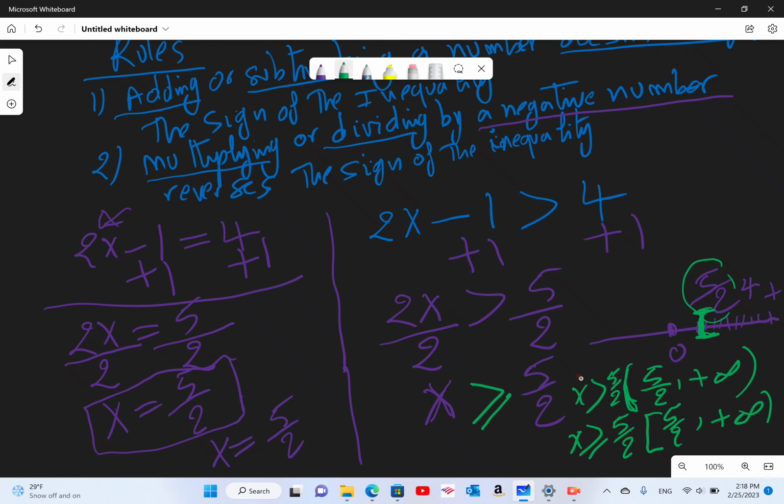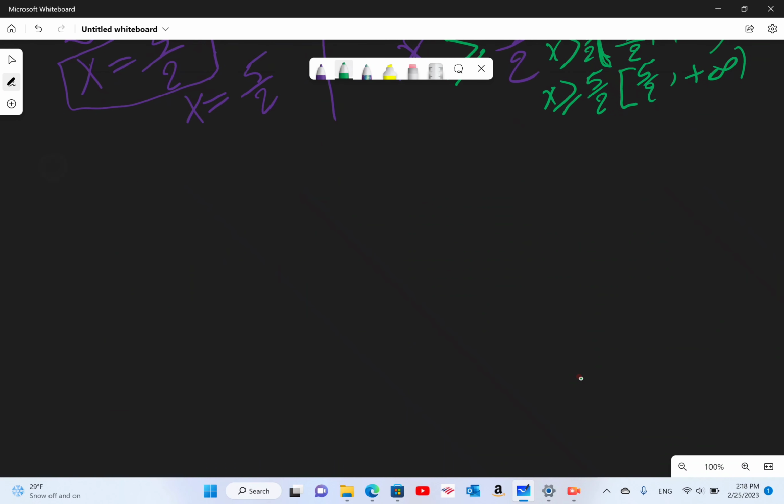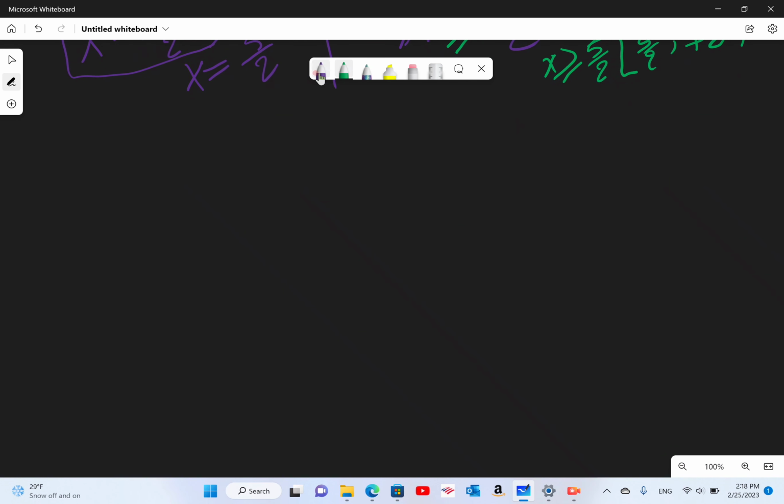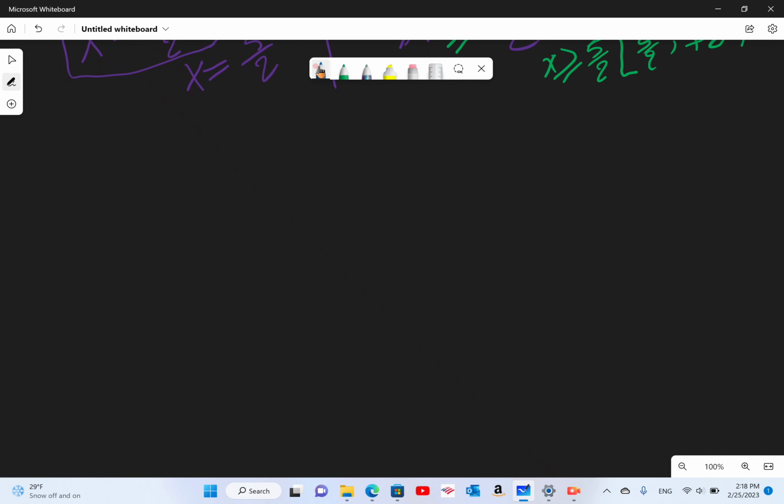So let's do another example so you will better understand this. Let's change the color. Let's go back to blue. So let's say we have minus 5x minus 1 less than 4.